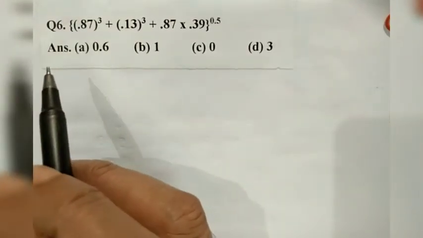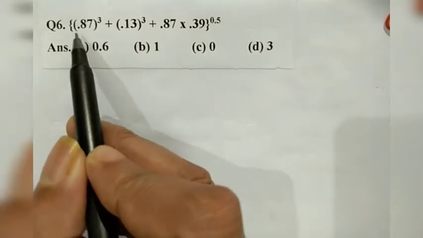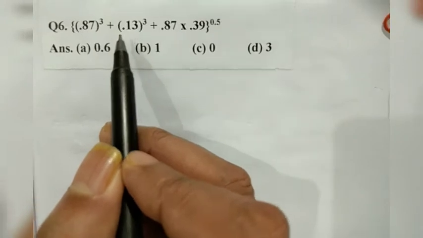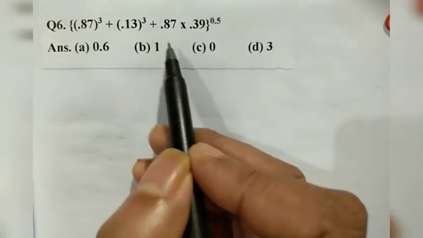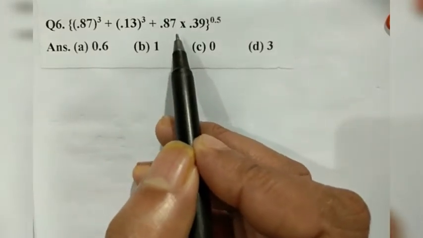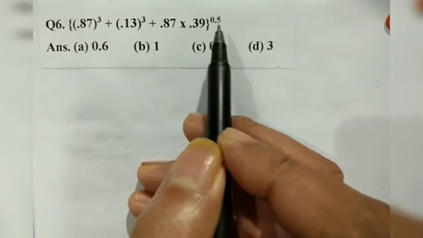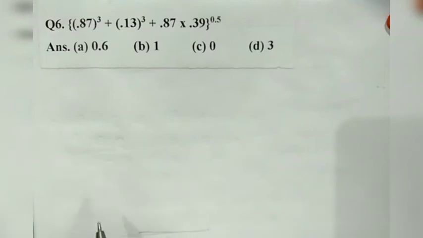Next question. The value of (0.87 cube plus 0.13 cube plus 0.87 into 0.39) whole power 0.5. Okay.